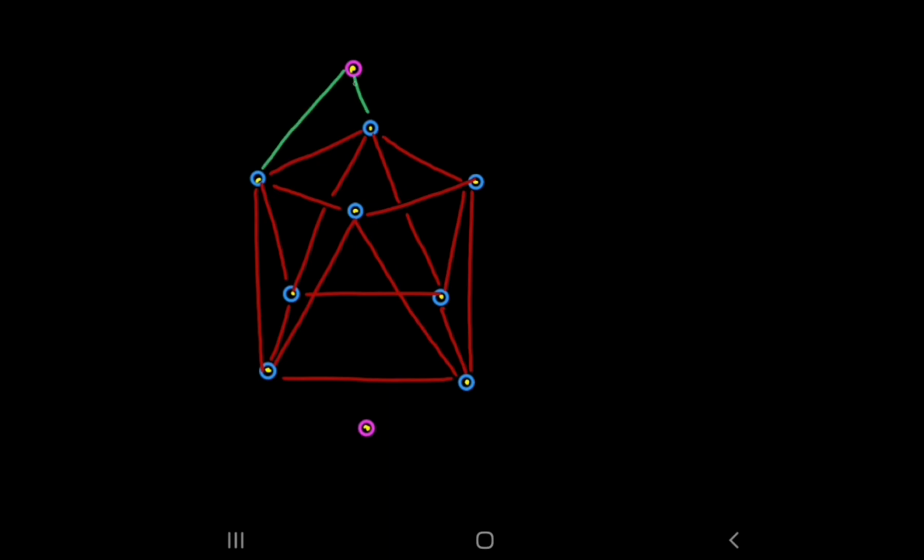This generates 4 triangular faces. And the bottom vertex to be joined to the bottom square. This generates 4 more triangular faces.